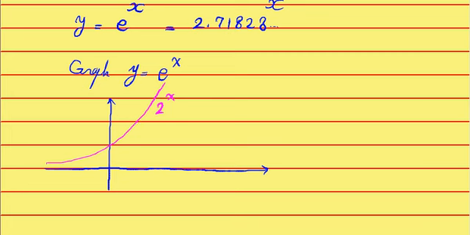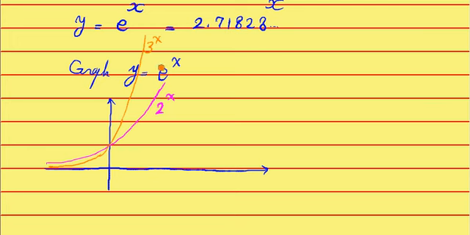Well, what if I change my base to 3? I'll leave it to you to figure out that 3 to the power of x looks something like this. If you try to figure out 4 to the power of x, it is going to ascend even faster.